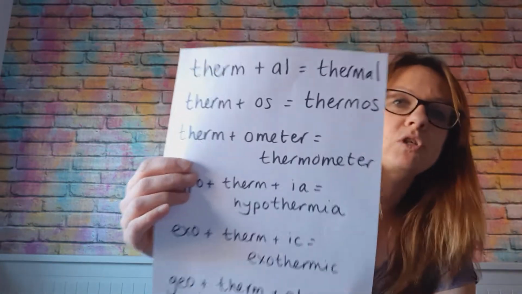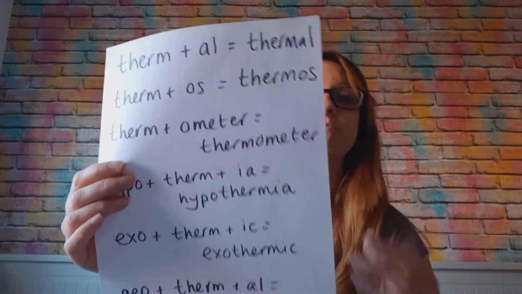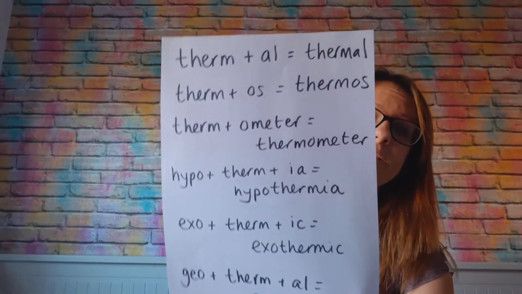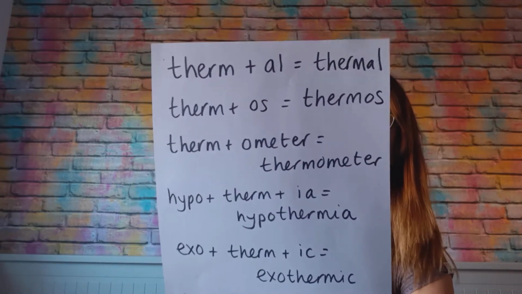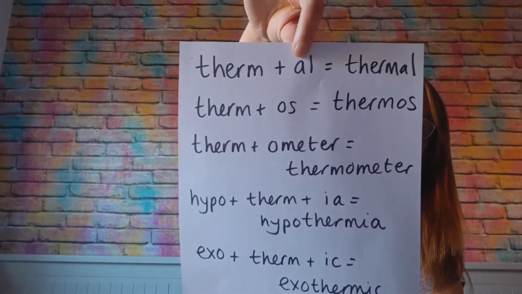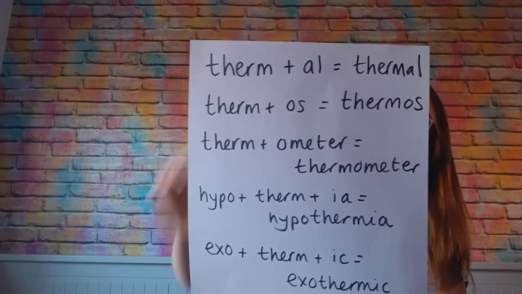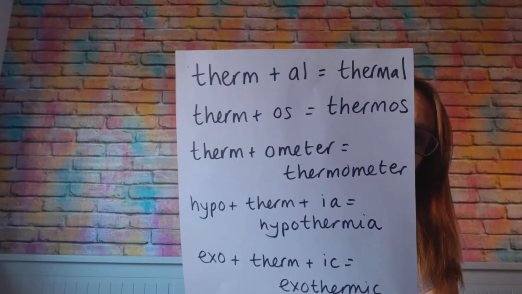So when we build our word sums, we haven't got any spelling rules today in terms of dropping letters and things, because therm ends with an M. It's normally when we've got vowels involved that we have to jiggle things around and drop them a bit. So I've made thermal. The al there just means it's relating to, so it makes it into an adjective.